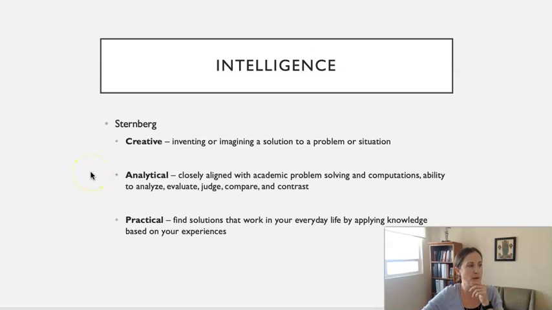Or for example, if you are going to get a PhD in psychology, you have to do research. You have to have high creative intelligence. Your dissertation is basically you finding a problem no one else has solved and then designing an experiment and solving it. That's creative intelligence.